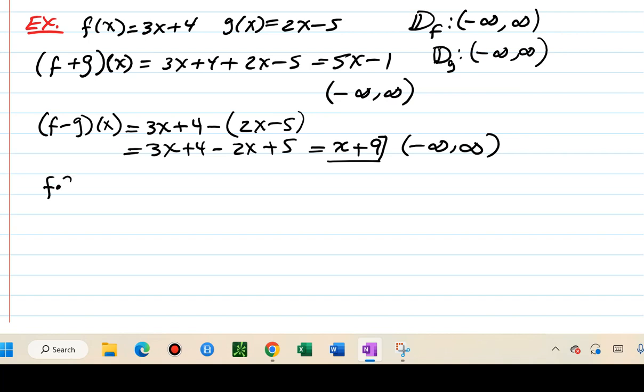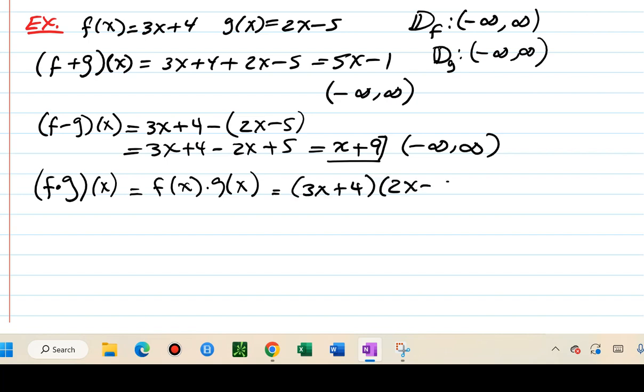Cool. Let's do the product function, f times g of x. f times g of x, we multiply f of x and g of x. So we're going to do 3x plus 4 times the binomial 2x minus 5. Do FOIL, we get 6x squared minus 15x plus 8x minus 20.